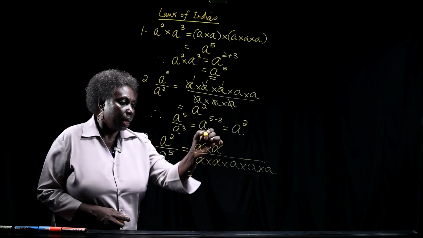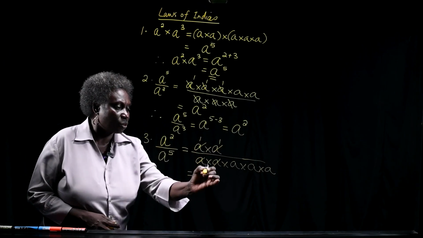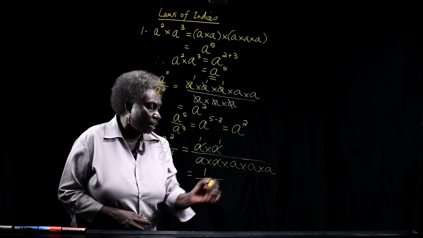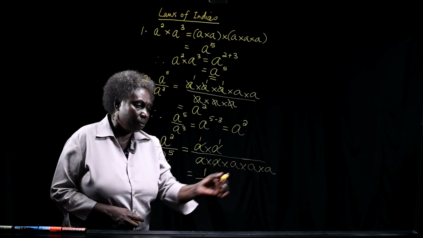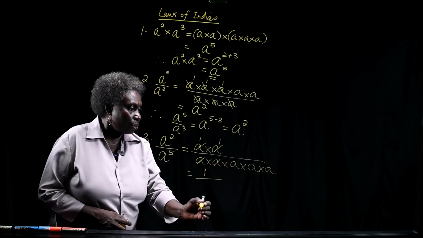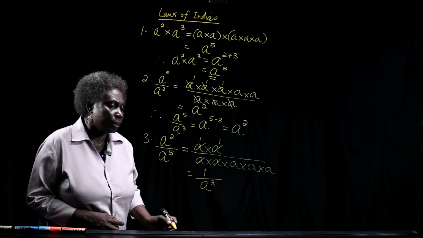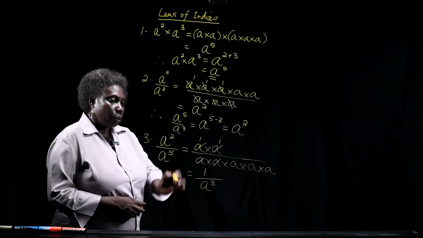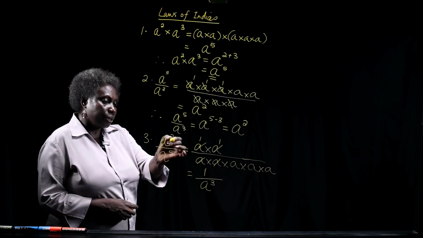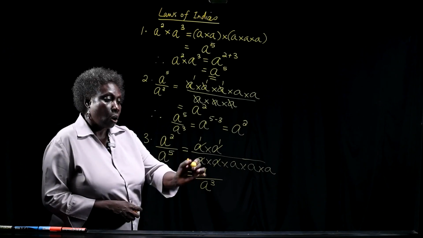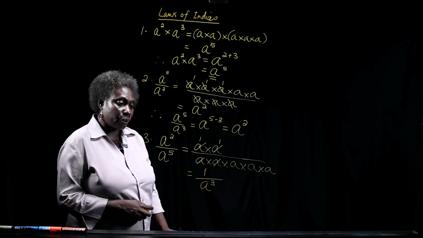So, in the numerator we have 1 times 1, over the denominator. How many a's are there that multiply by itself? There are 3 a's. So, 1 over a to the power of 3. So, a to the power of 2 divided by a to the power of 5 is equal to 1 over a to the power of 3.